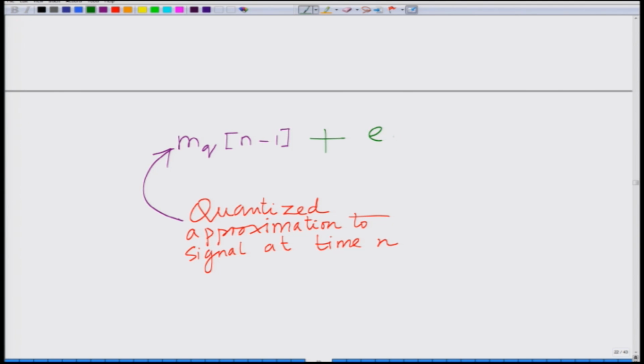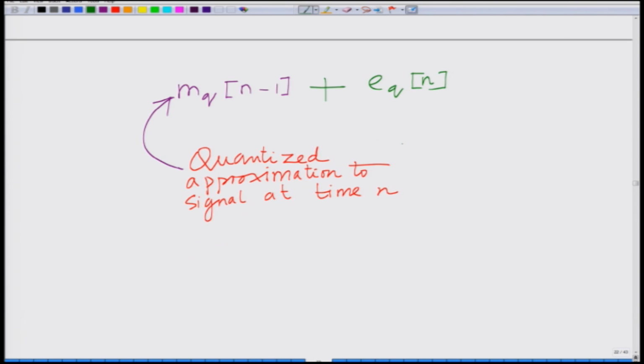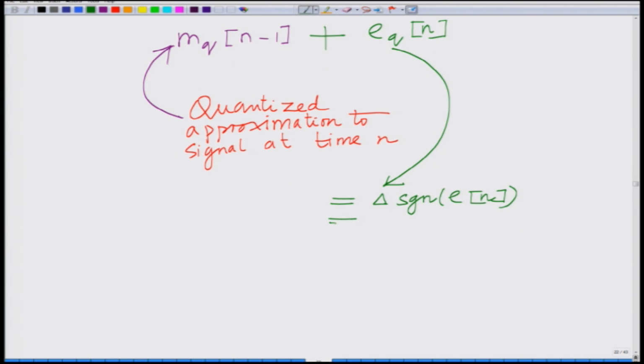This plus EQ[n], remember EQ[n] is delta times sign of E[n], which is basically the quantized error at time n.